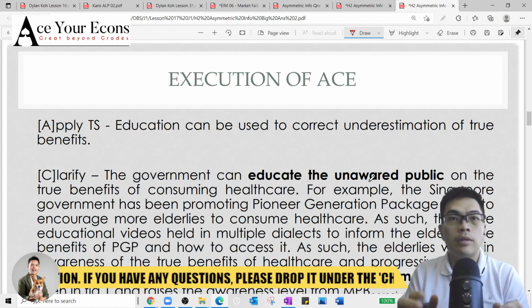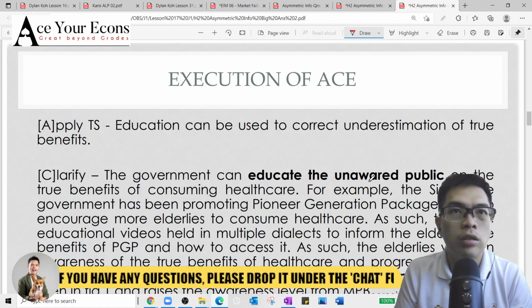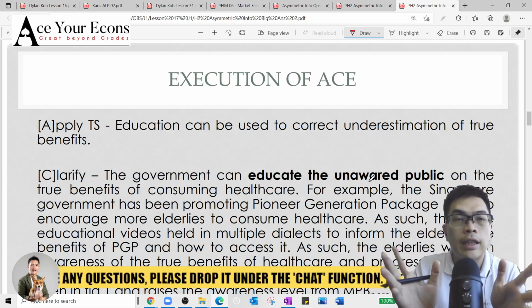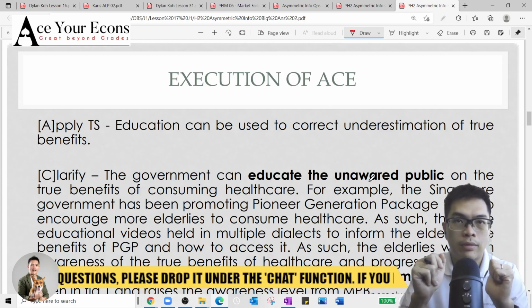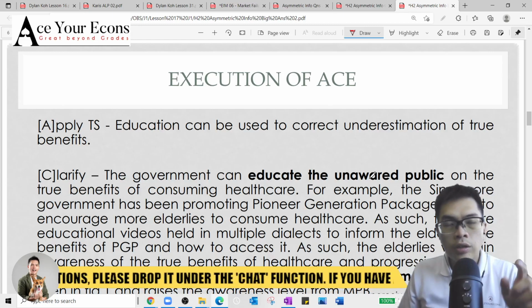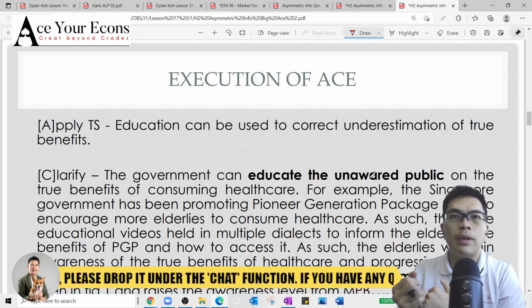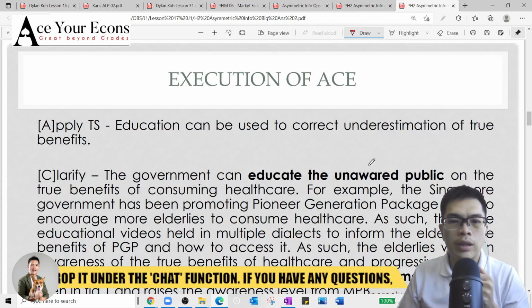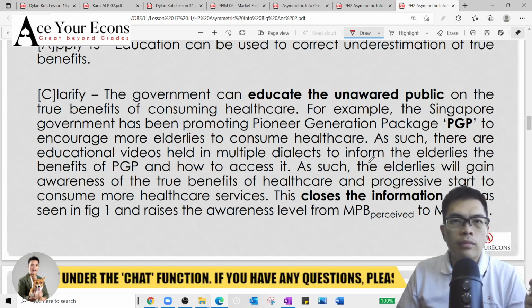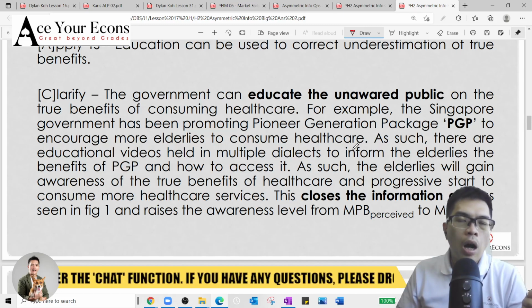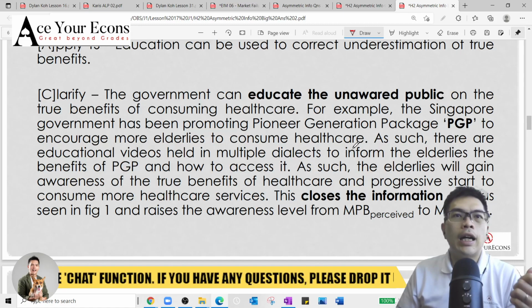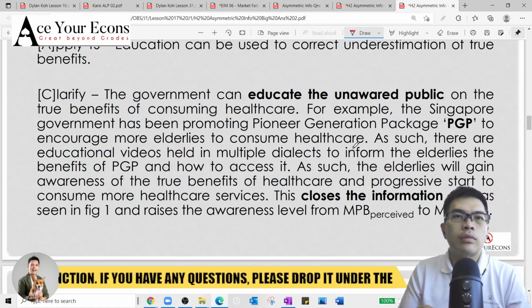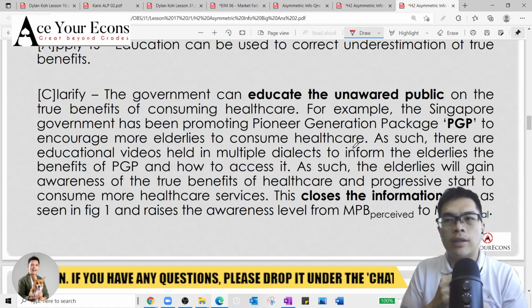Let me repeat: you cannot state that consumers underestimate external benefits, because under externality, consumers have full awareness of everything. The only thing consumers will underestimate is the true benefits to oneself or the true cost to oneself. They don't take into account the external benefit, but they undervalue their own personal benefit. Yes, they underestimate their own benefit or own cost. I hope I have addressed two birds in one stone.